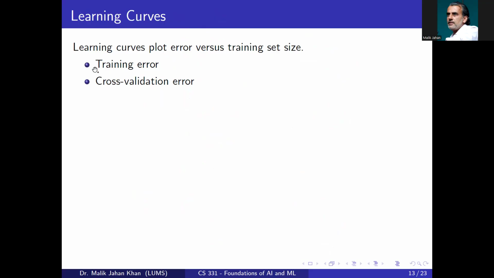We can see how the models are behaving with the change in the training data, or more specifically with the change in size of the training data. If we somehow provide more training data to a model, will that help or not? So training error is essentially the error computed on the training data set. Cross validation is our next topic, which we will study in detail in the next session. But until then, understand this validation error, which means how good or bad the model's performance is on unseen data, which we did not directly use for training.